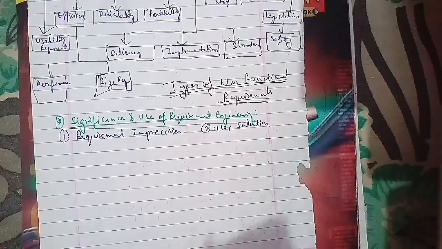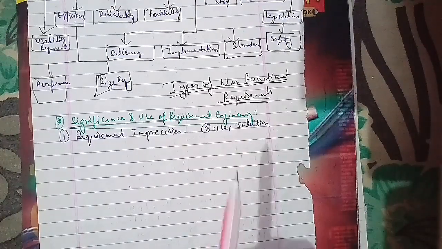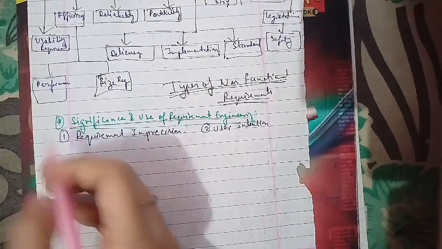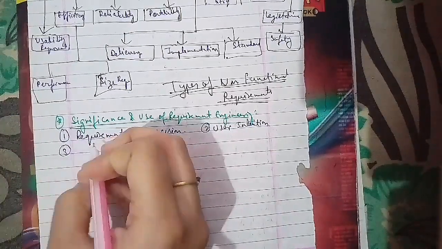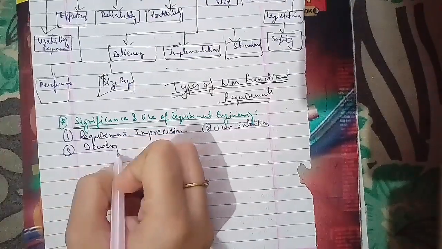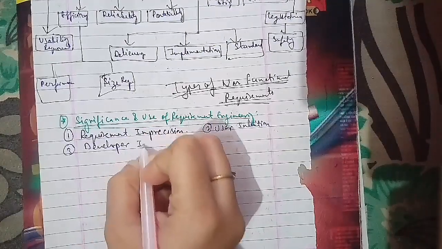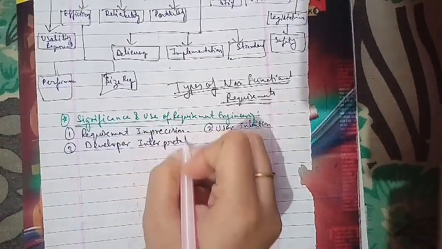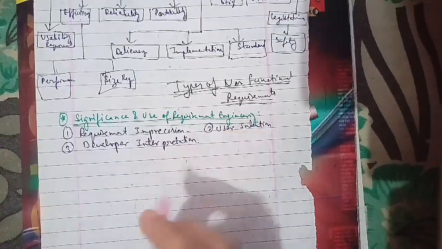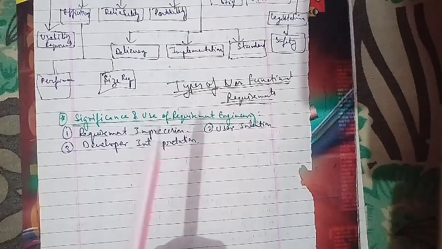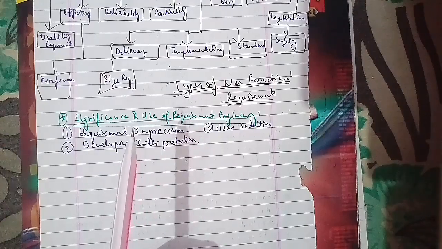The third is developer interpretation. Here the developer provides a text viewer that shows the contents of the document. The fourth is requirements completeness and consistency.